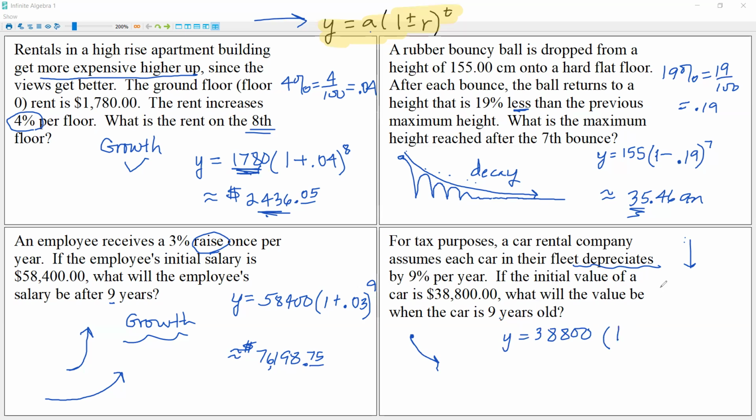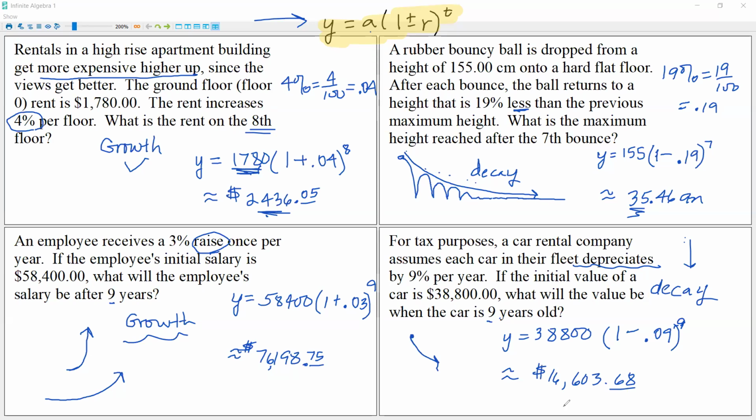And because this is a decay, it's depreciating, we're going to subtract again. 9%, just like 4% and 3% were 0.04 and 0.03, 9% is 0.09. And 9 years old, so that's the time, 9 years. That comes out to be about $16,603.68.